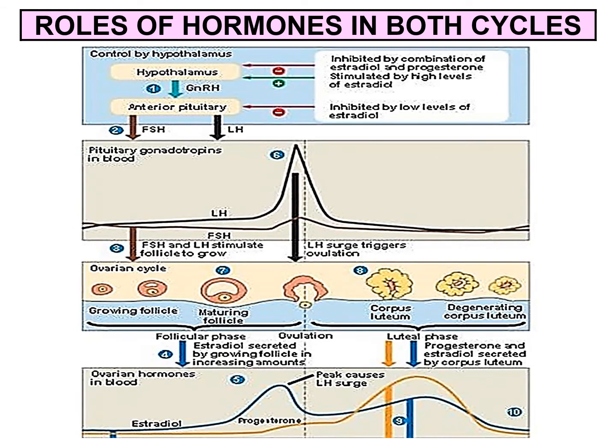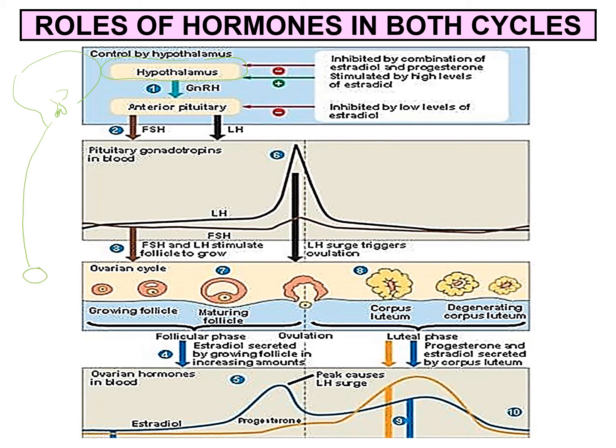Okay, let's look at the diagram here. This is the hypothalamus in the brain, same as what happens in the male. So the hypothalamus secretes GnRH, and GnRH will stimulate the anterior pituitary. Then the anterior pituitary will secrete FSH and LH that will act on the ovary.